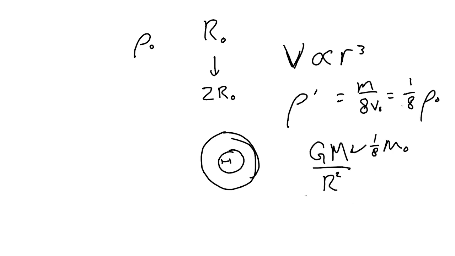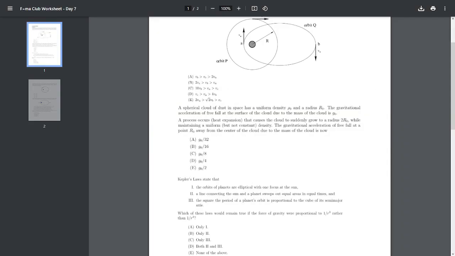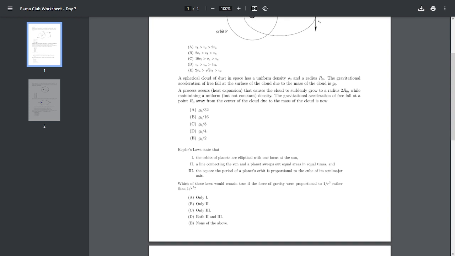So that means that our final acceleration is going to be 1/8 of our original acceleration. And if we look back on our homework, that's going to give us C, which is our g0 over 8.